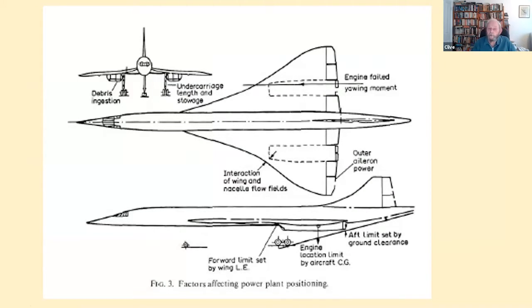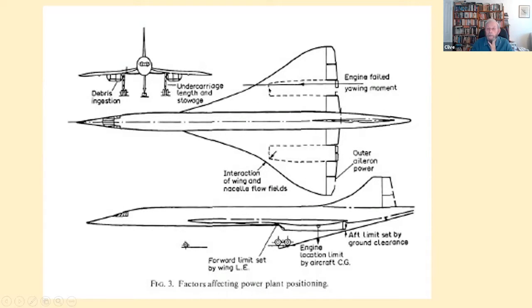And you have to decide where the nacelles are going to go. You are, in fact, limited to some extent because the length of the engine is the length of the engine. You're stuck with that. Similarly, the length of the nozzle is supplied by the engine manufacturers. The length of the intake really depends on the technology you've got available, but we knew what we could do or what we thought we could do.